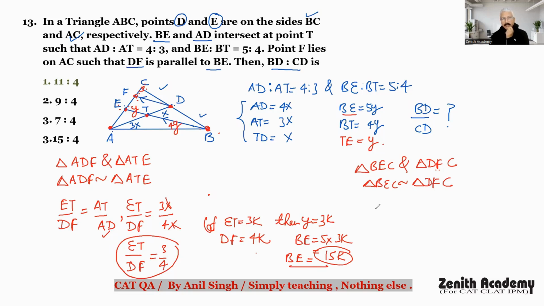It means FD is a side of triangle CFD, and FD's corresponding side in triangle CEB is BE.